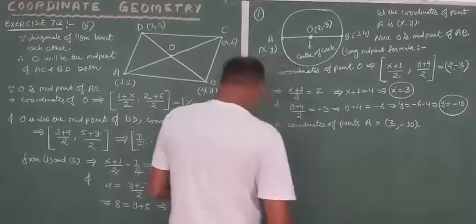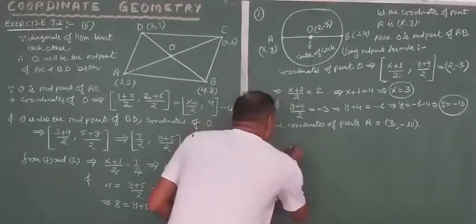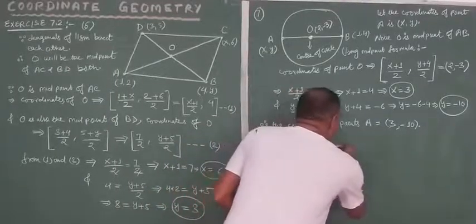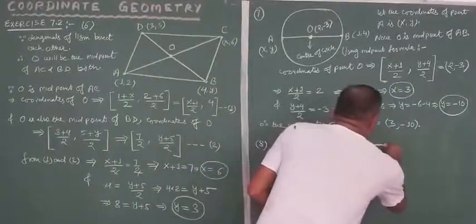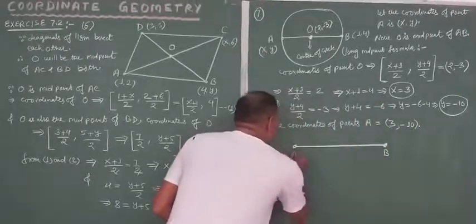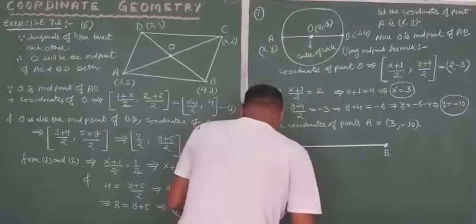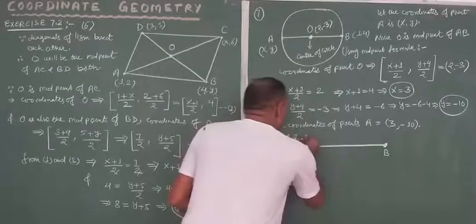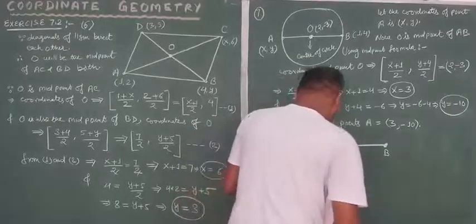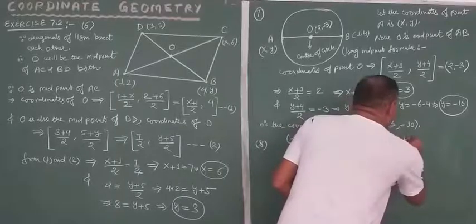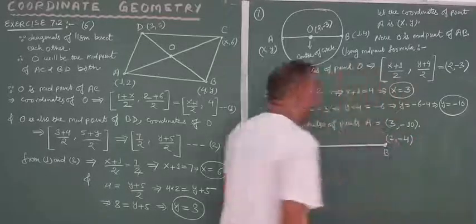This is A and this is B. What are the coordinates of point A? Minus 2 comma minus 2, and B is 2 comma minus 4. Is it there?